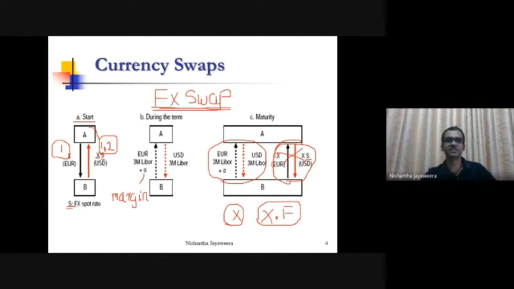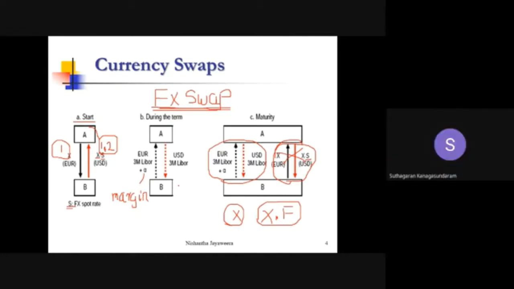What is party B's expectation on the interest rate on LIBOR? Why does he agree to pay 3 months LIBOR in euros? What is his expectation? Why do you agree to pay a floating rate? Must be thinking the euro LIBOR rates might come down.